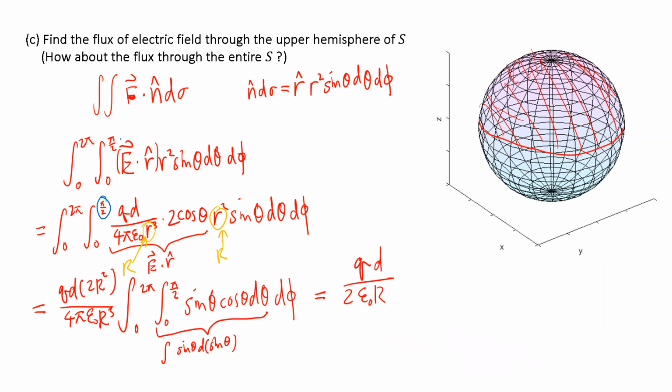Instead of pi over 2, you change it to pi, and you see 0. But let me test your physics. Why is it 0? This is an electric dipole.